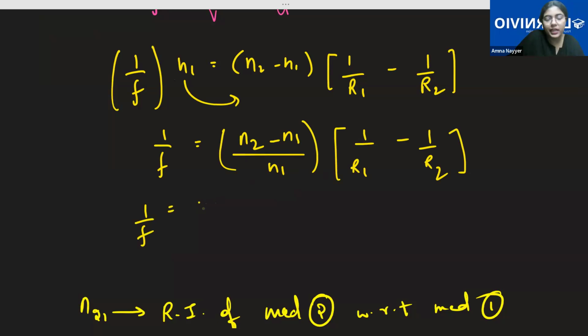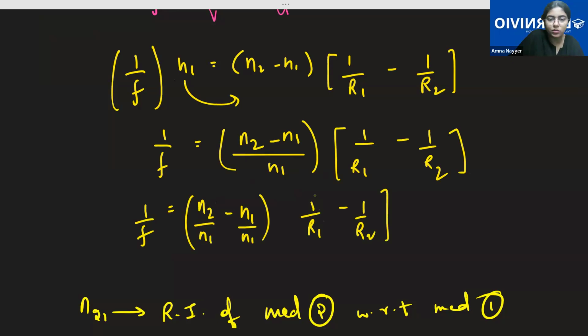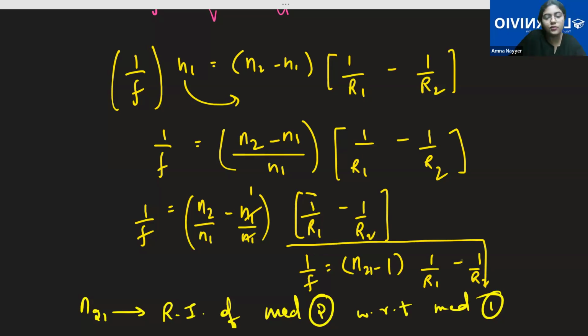Separate the denominator terms. 1 by F will be N2 by N1 minus N1 by N1, 1 by R1 minus 1 by R2. Yes, N1 will be cancelled. It will give you 1. N2 by N1 can be written as N21 minus 1, 1 by R1 minus 1 by R2. This is your lens maker formula.